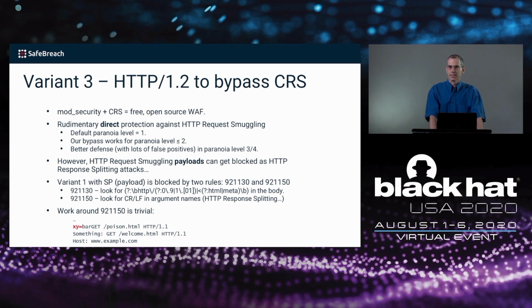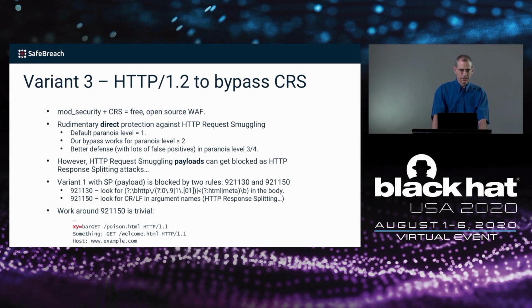So let's look at it. Let's review what the challenges were and how we overcame them. So the problem with ModSecurity plus CRS is that our HTTP request smuggling payloads got blocked by the HTTP response splitting attack rules.